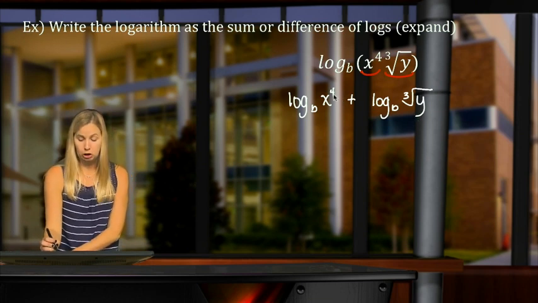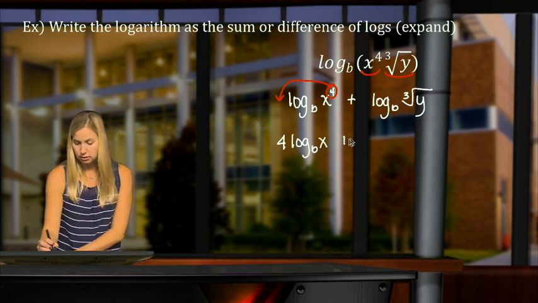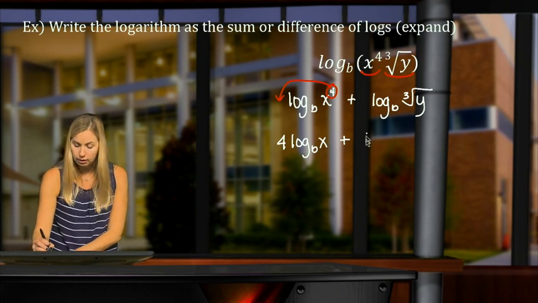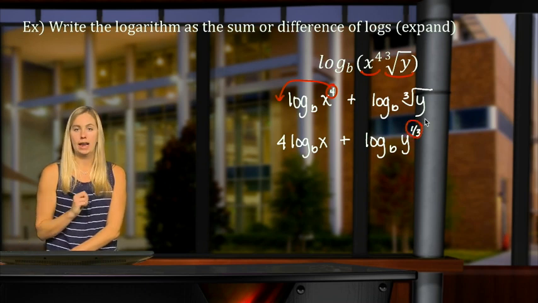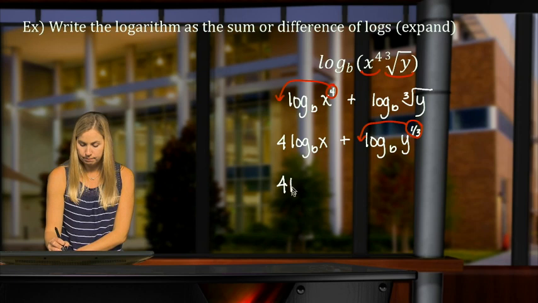Now in this first term, our exponent of 4 can be brought to the front as a coefficient, so 4 log base b of x. And in our second term, we can rewrite the cube root of y as log base b of y to the 1/3. And now that exponent can be brought to the front as a coefficient.